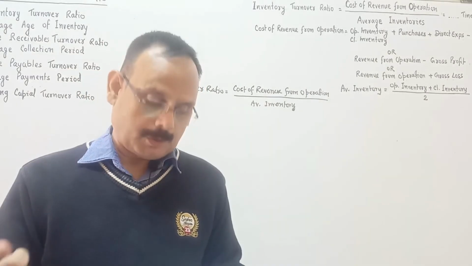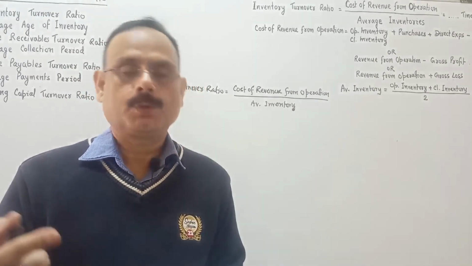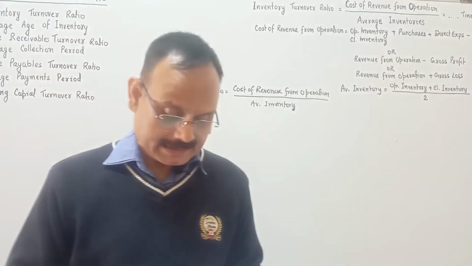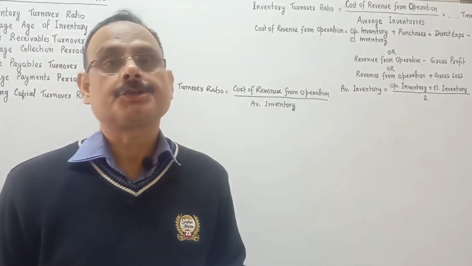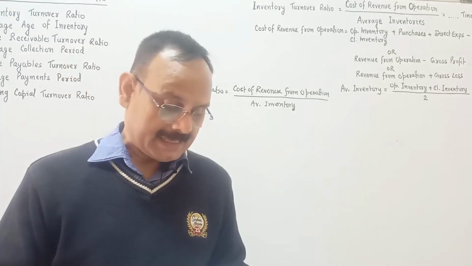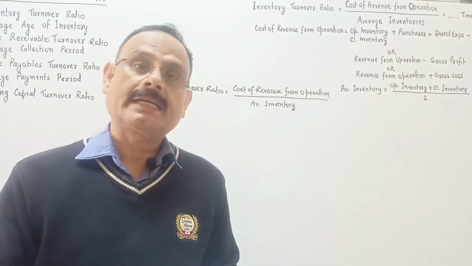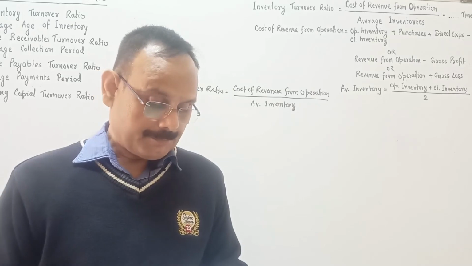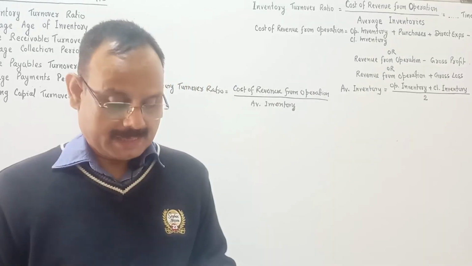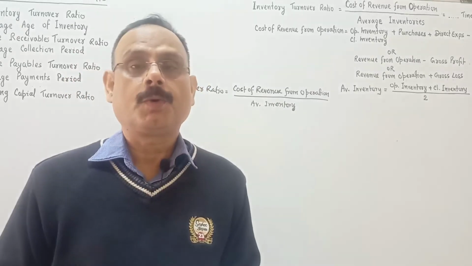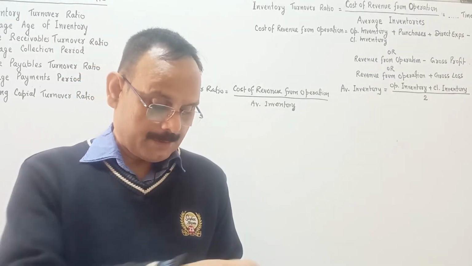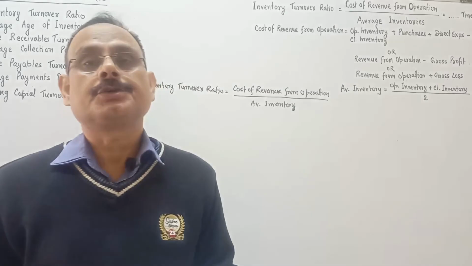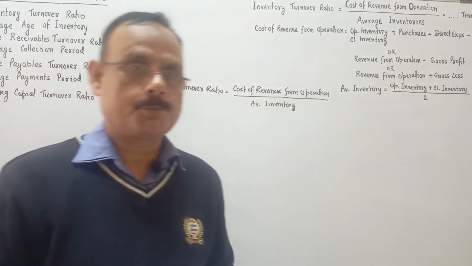Calculate cost of revenue from operation, opening inventory, closing inventory, quick assets and current assets. So the information is: inventory turnover ratio 5 times. Inventory at the end is 5,000 more than at the beginning. Revenue from operation all credit 2 lakhs. Gross profit ratio 1/4 on cost. It is given on cost. Current liability 60,000 and quick ratio 0.75.